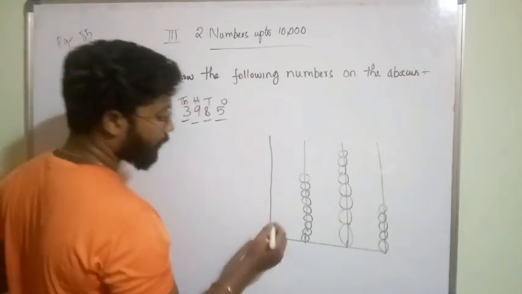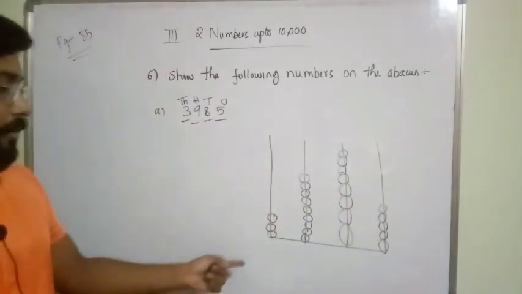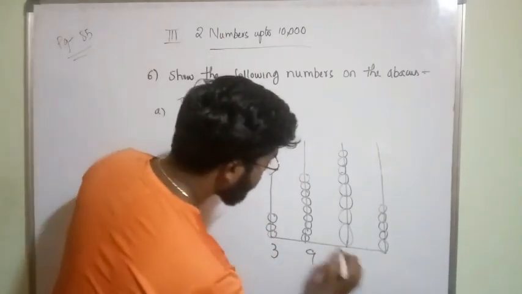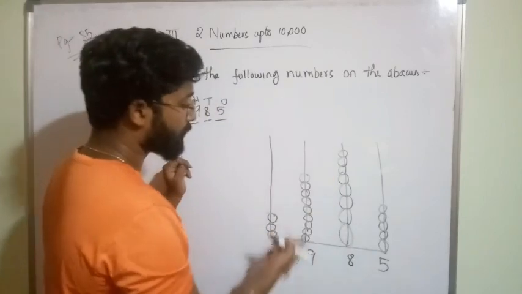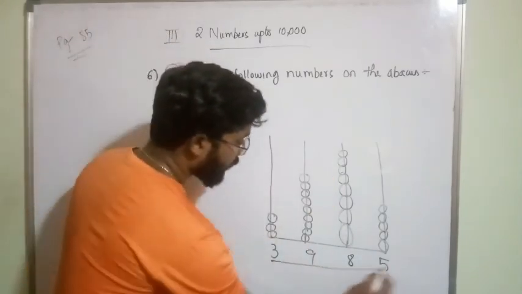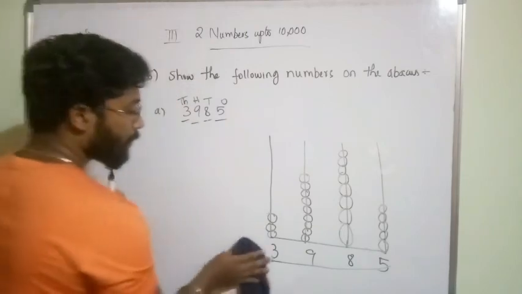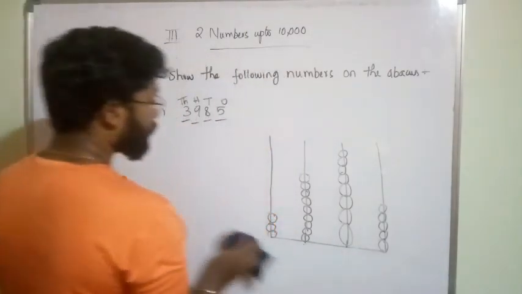So in thousands rod I have to draw 3 beads. So this is the number. So 3, 9, 8, 5. Clear? 5, these are 8, these are 9, these are 3. So like that, you should not write the number. You have to just draw the beads. Okay? Clear? So next number.